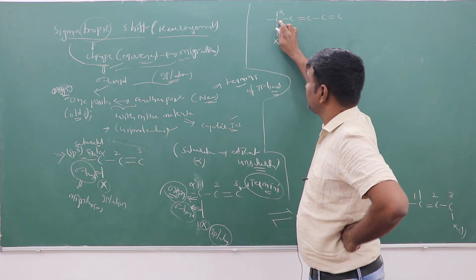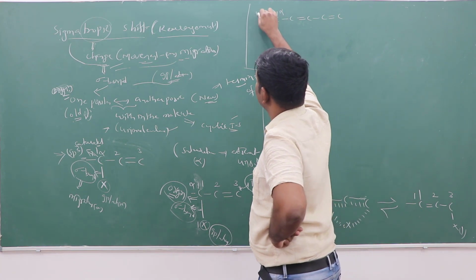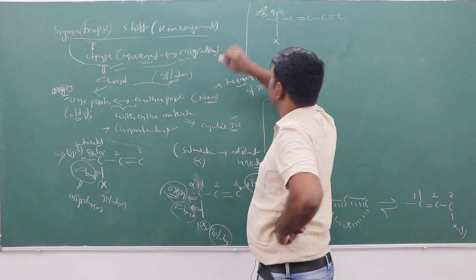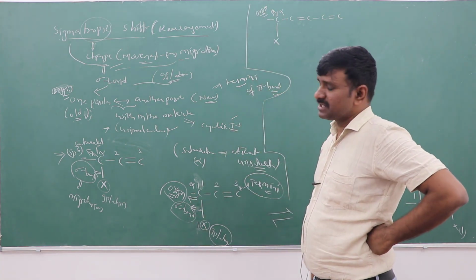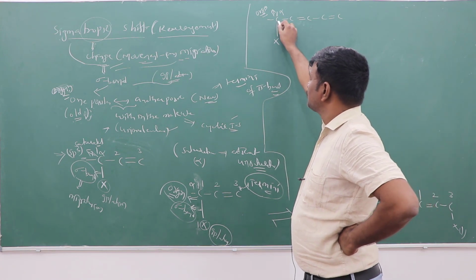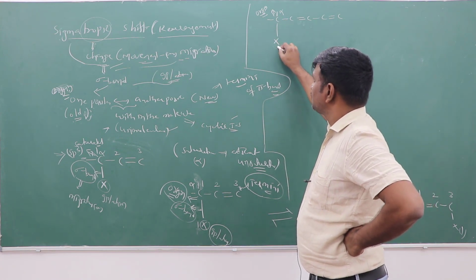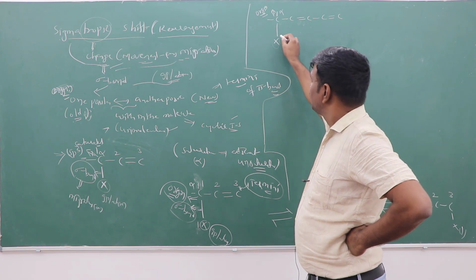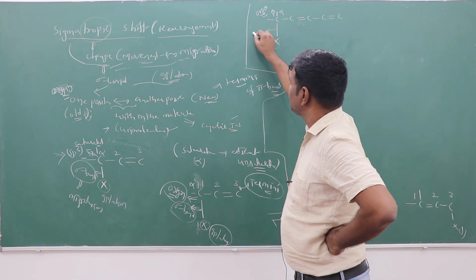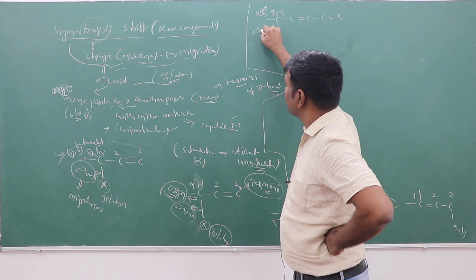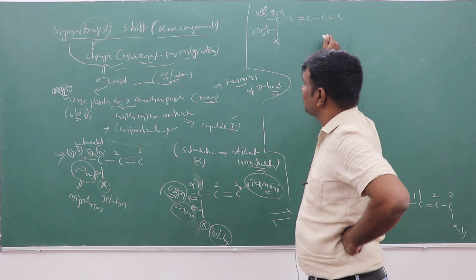You can select it as the origin, that is the sp3 carbon, the saturated position. The group attached to this alpha position, that sigma bond you can select, is the migrating sigma bond.